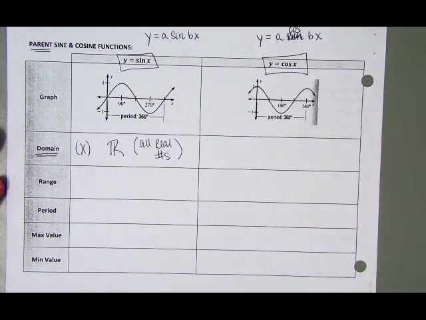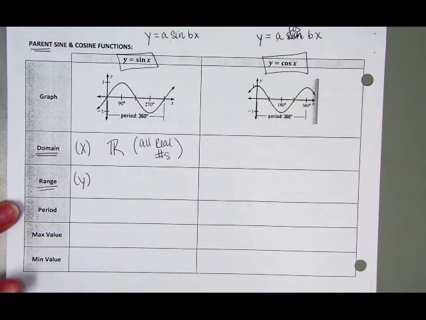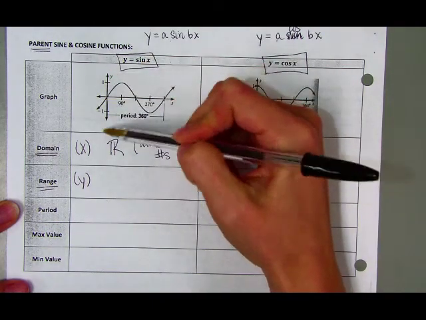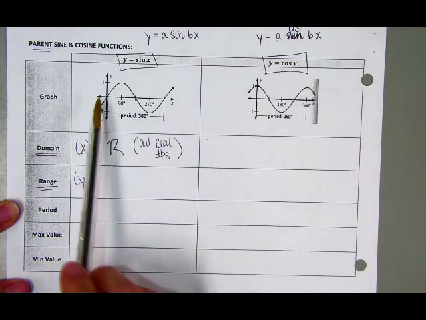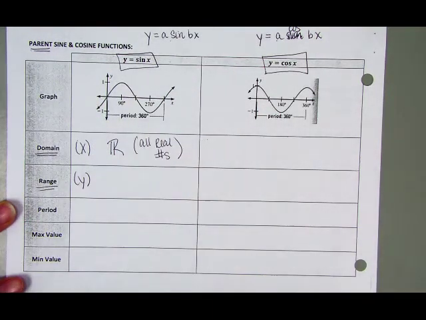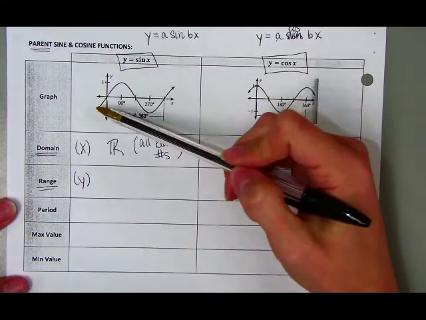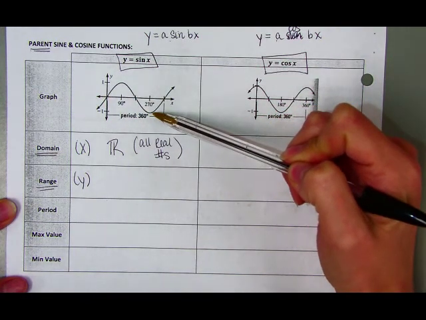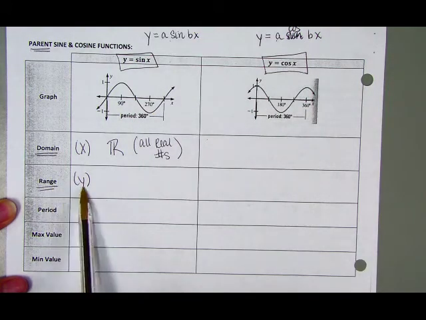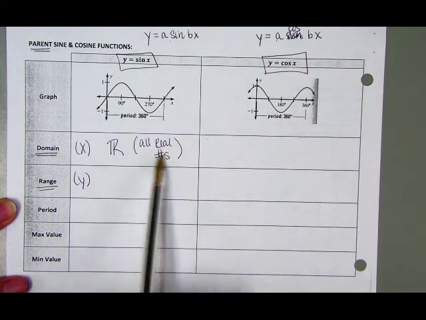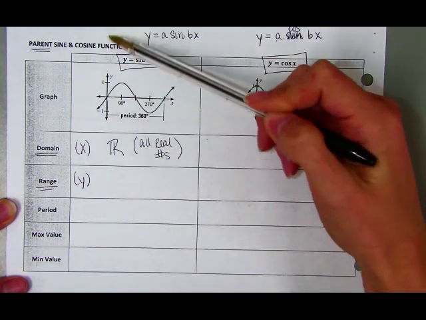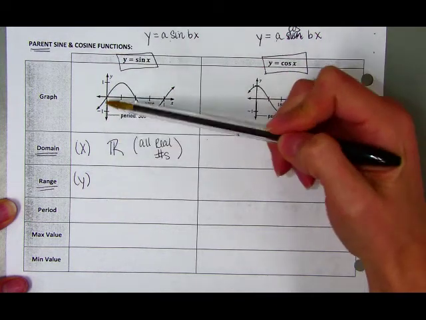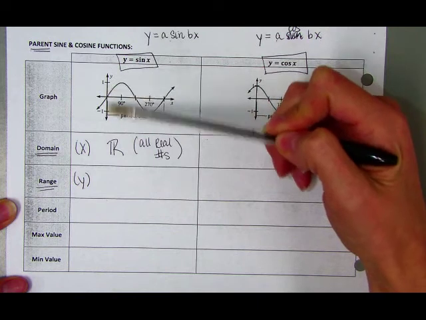Our range, we remember, deals with our y values, and our y values here are the sine values. It's our axis that runs vertically up and down. And in our parent function, we actually have restrictions because we don't have a graph that goes above 1 and we don't have a graph that goes below -1. So our range for y is not going to be all real numbers. It doesn't continually grow positively or negatively in the y direction, but it's actually between these two values.